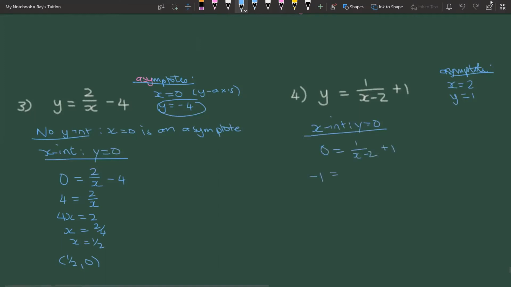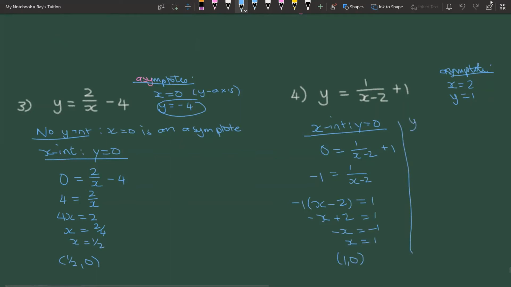Take that over: minus 1 is equal to 1 over X minus 2. We're going to cross multiply. Minus 1 times X minus 2 is equal to 1. So minus X plus 2 is equal to 1. We can take that 2 over, so minus X is 1 minus 2, which is minus 1, and divide both sides by minus 1, and we get X is equal to 1. So our X-intercept is (1, 0).